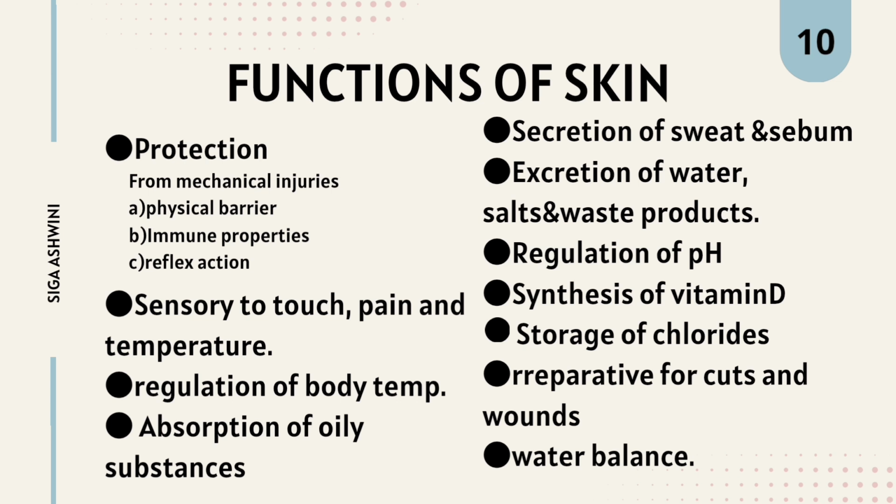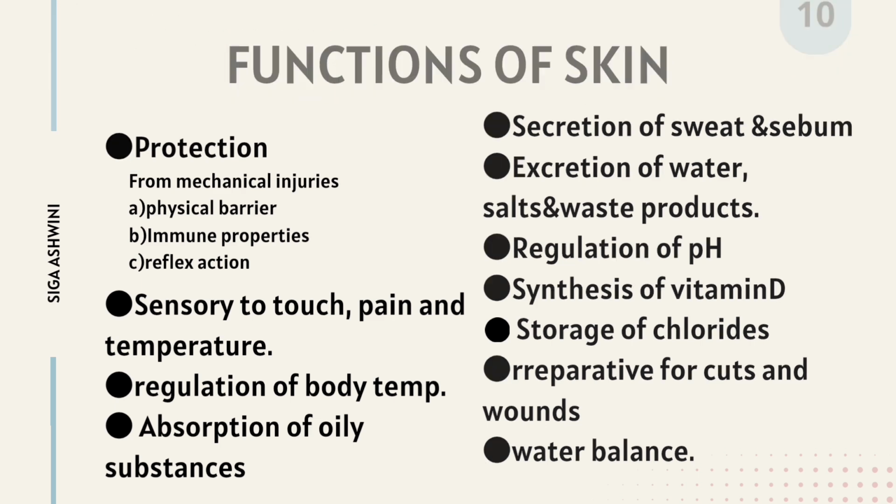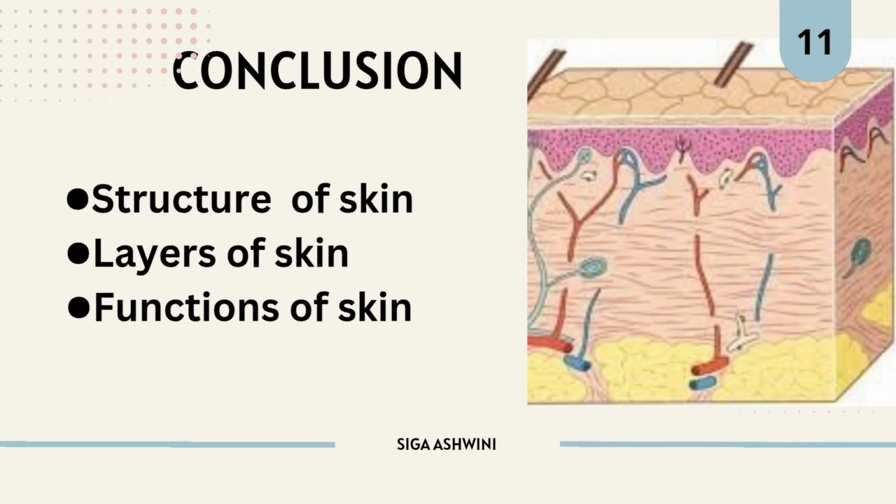The skin is sensory to touch, pain and temperature, and it is also helpful for the regulation of body temperature, and it absorbs oily substances, and it secretes sweat and sebum, and it excretes water, salts and waste products through the sweat, and it also regulates the pH, and also synthesizes vitamin D from ergosterol by the action of ultraviolet rays of the sun, and it also stores chlorides, and it acts as a reparative when wounds happen, and it also maintains the water balance of the body by preventing water from passing out and in through the skin.